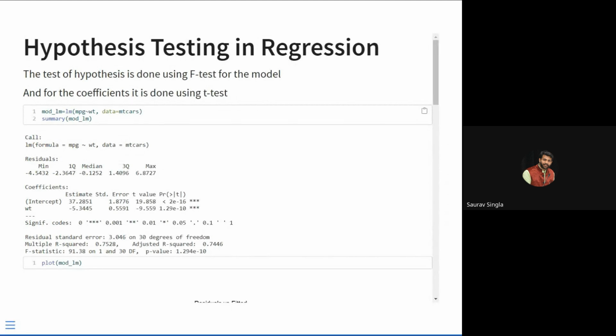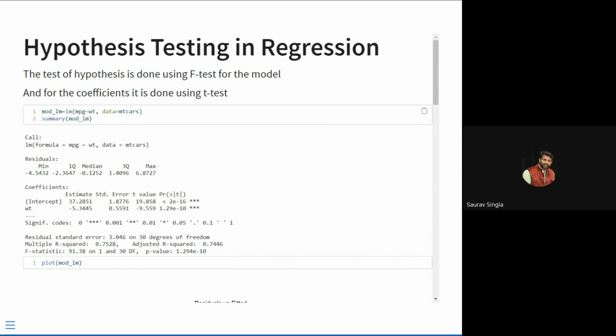We are predicting the average MPG when taking the weight of the car. We are using the mtcars data set in which we are using two columns, MPG and weight. Using linear regression, we are trying to predict MPG from weight.